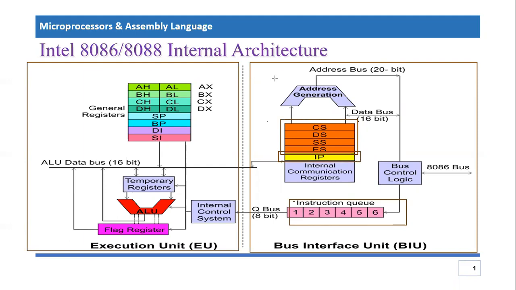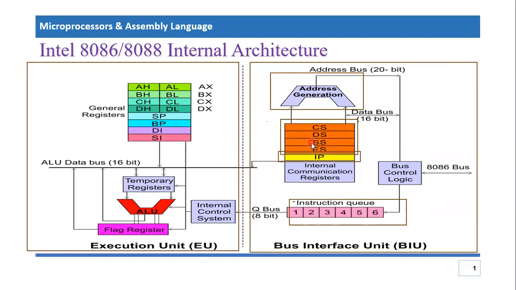And a very important job of the bus interface unit is address generation. I have listed some of the key building blocks, including the instruction pointer, IP, and then various segment registers.